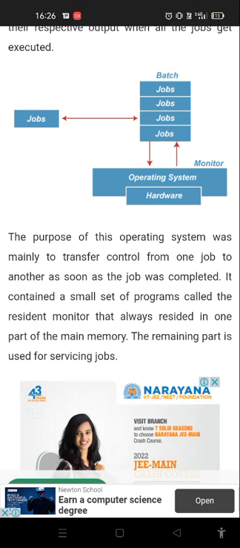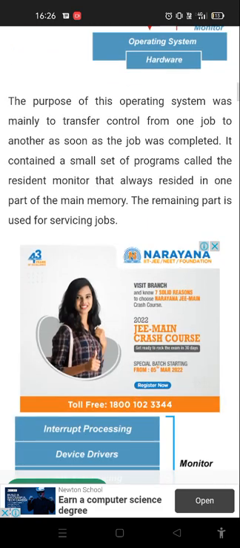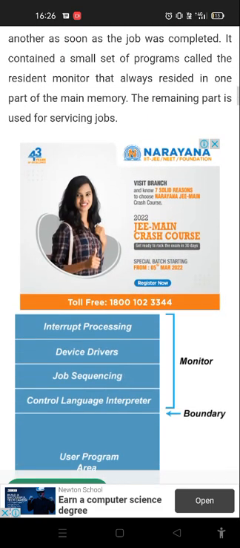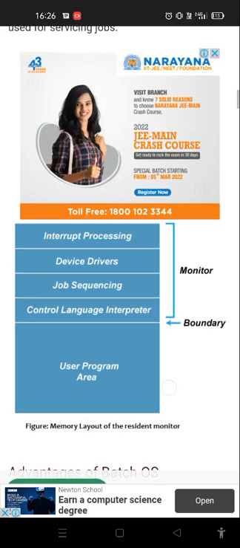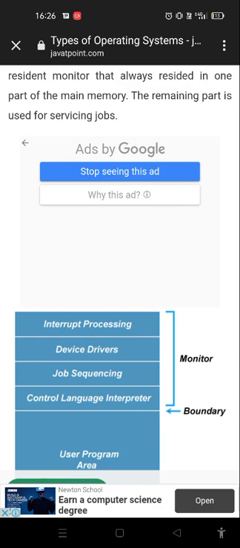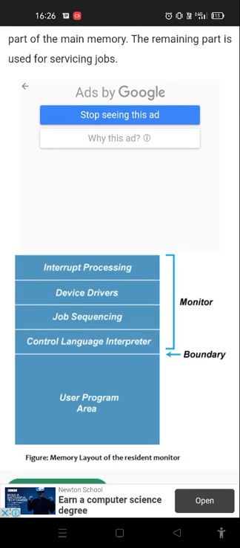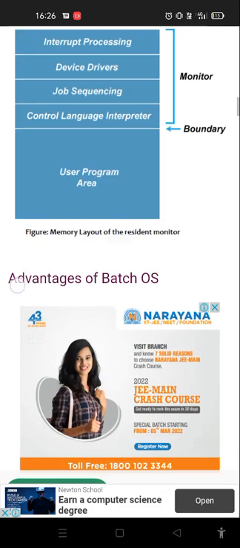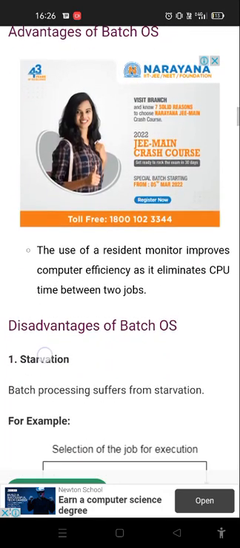The remaining part is used for servicing jobs. Interrupt processing, device drivers, job sequencing, control language interpreter, user program area, monitor boundary.